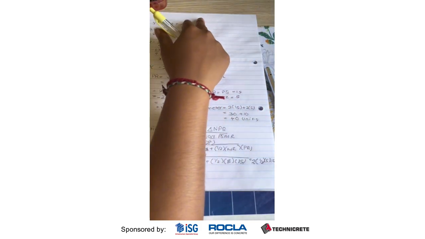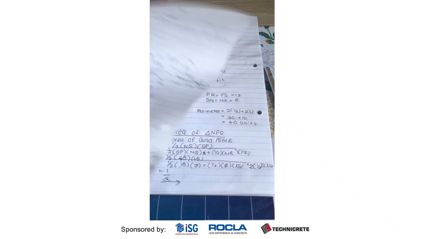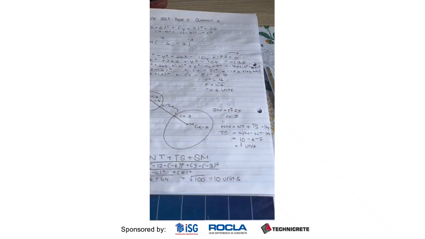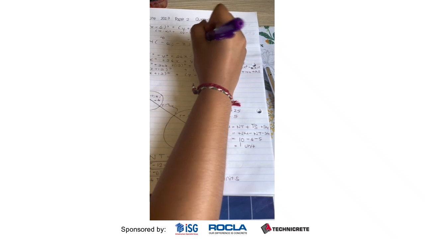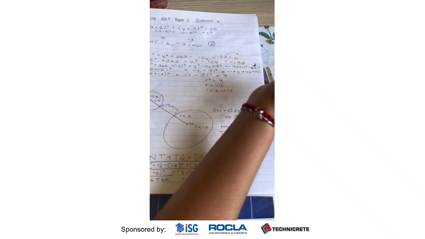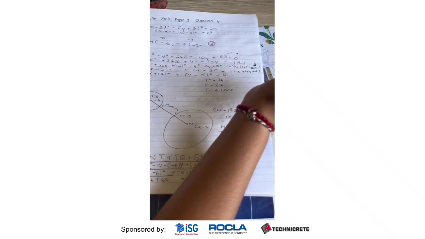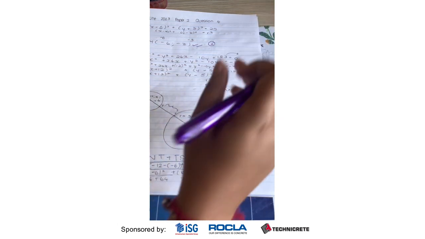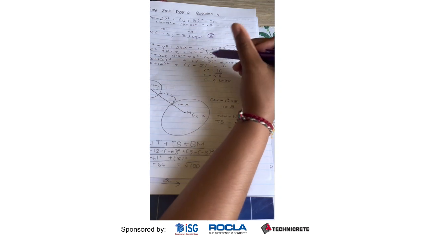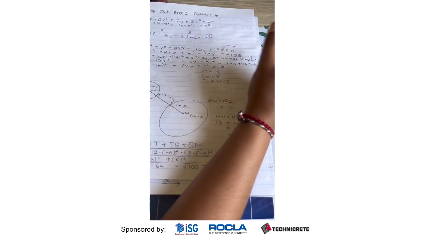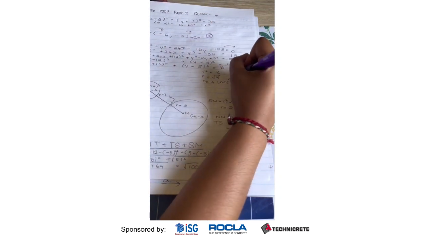If we look at mark allocations quickly, the first question was 2 marks just for your coordinates. The second question was 2 marks as well, for knowing that you had to add those values on the left, the right as well, and then your answer.